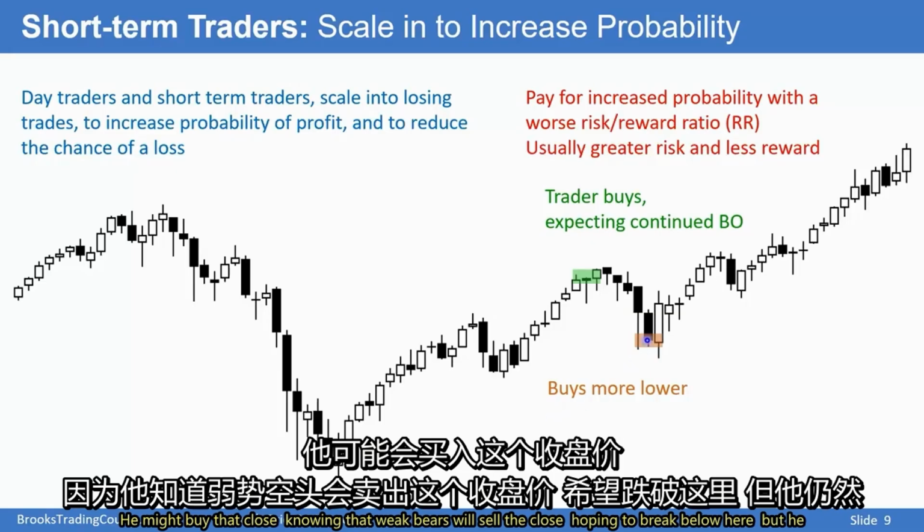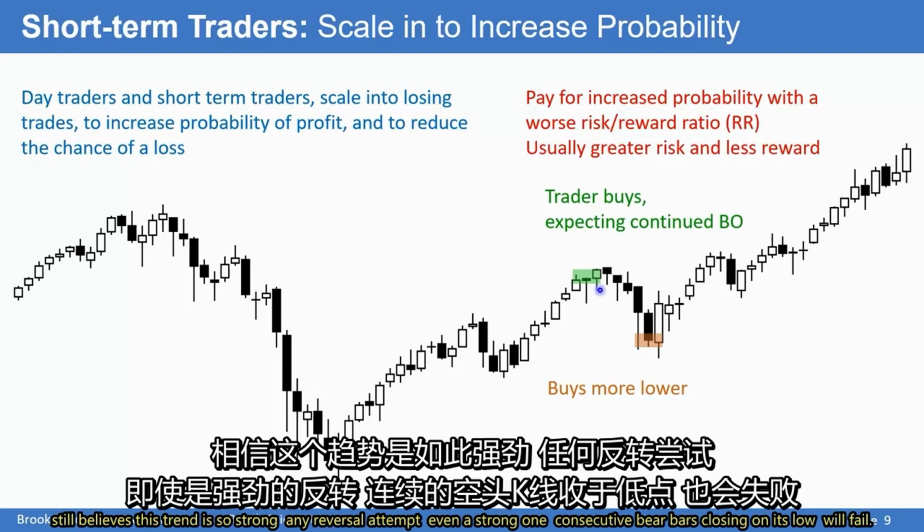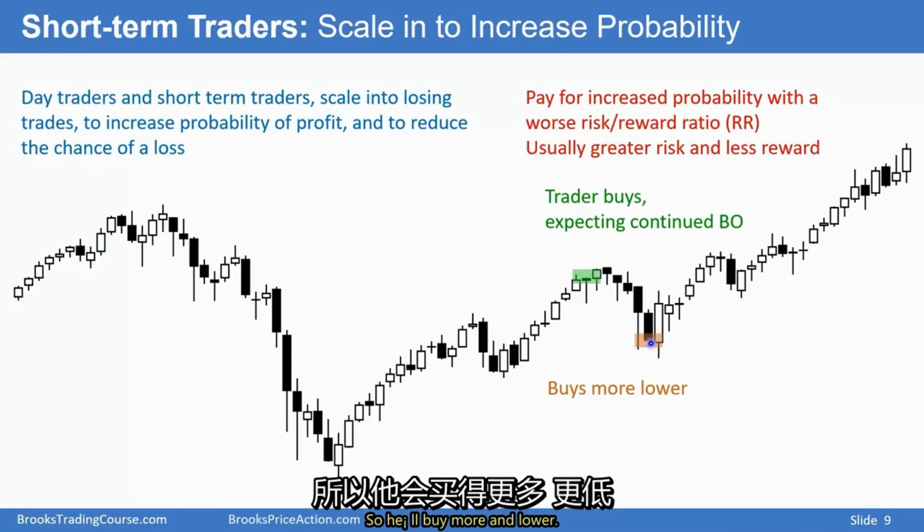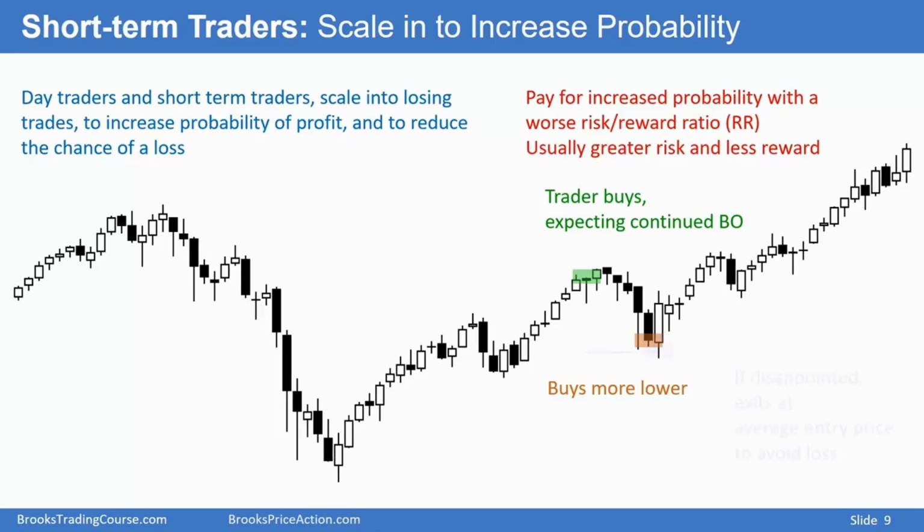He might buy that close knowing that weak bears will sell the close hoping to break below here, but he still believes this trend is so strong, any reversal attempt, even a strong one, consecutive bear bars closing on its low, will fail, so he'll buy more lower.